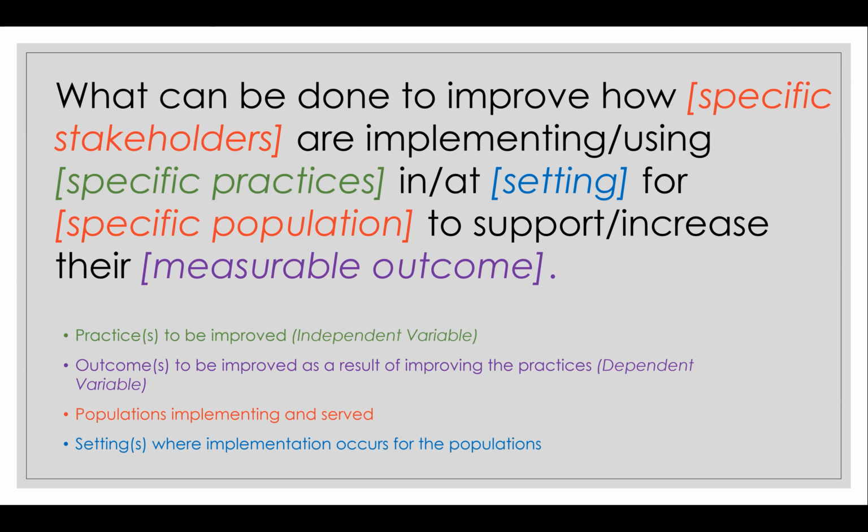So I'll read it through together one more time. What can be done to improve how specific stakeholders are implementing or using specific practices in a particular setting for a specific population to support or increase a specific measurable outcome? So we can then plug in all of the components we were just talking about.